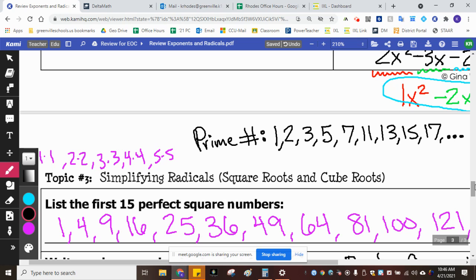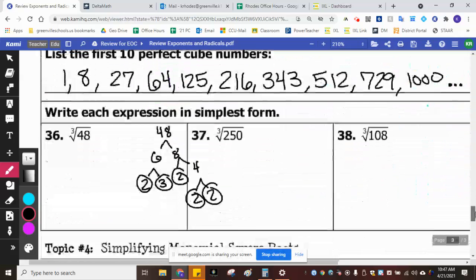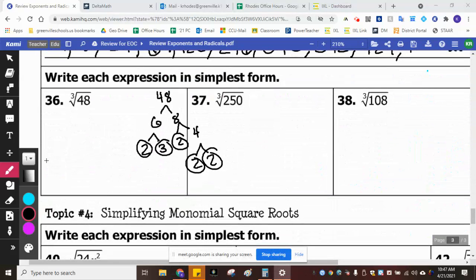So it's 2 and 3 and so on. Did you group in threes? Because it's the cube root? Yes. So the only difference between what we were just doing, square roots, and cube roots is now every 3, 1 comes out.